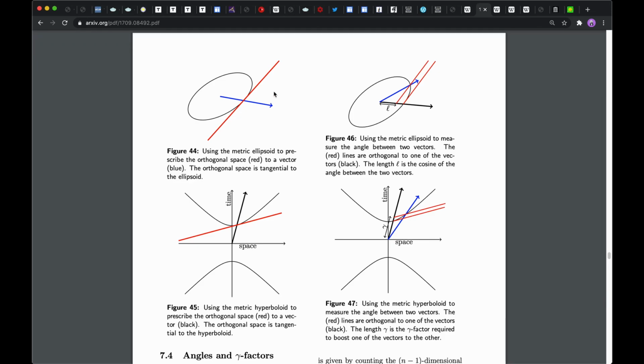Yeah, I understand. So in full-blown space-time you will have a three-dimensional hyperboloid in 4 dimensions, and you will have a three-dimensional tangential space to it here. So to the vector, that red line will be the full three-dimensional space.